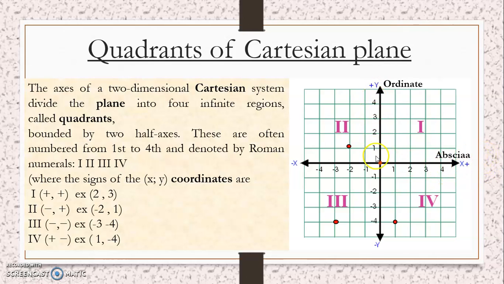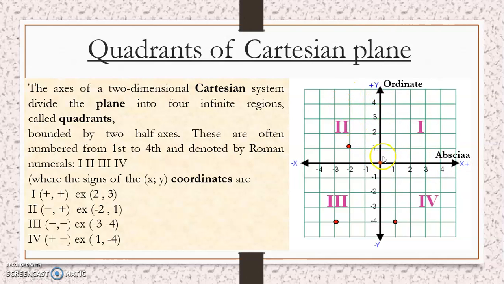Over here also, this is the y-axis and these are the positive numbers above. So on the x-axis on this side there are positive numbers, and on the ordinate or y-axis these are the positive points and below are the negative numbers. Okay, so these are the 4 quadrants. In the first quadrant you can see both the ordinate and the abscissa, that is x and y, are positive.